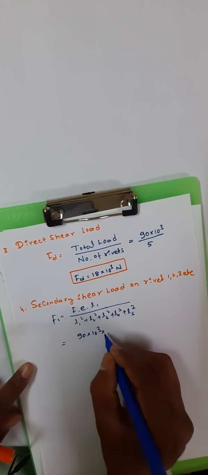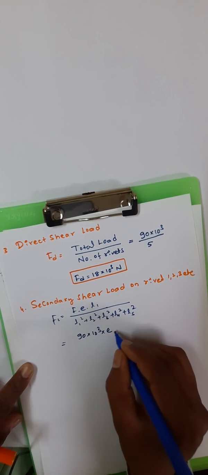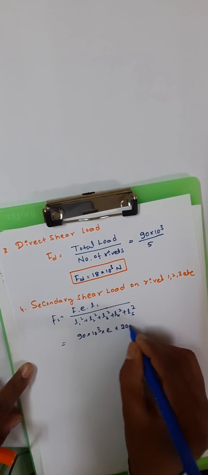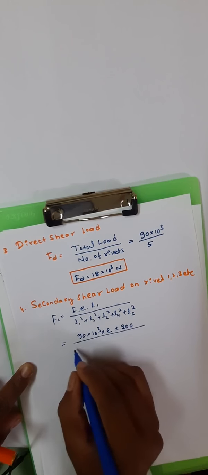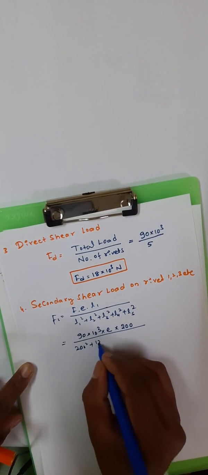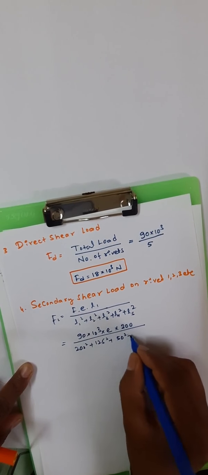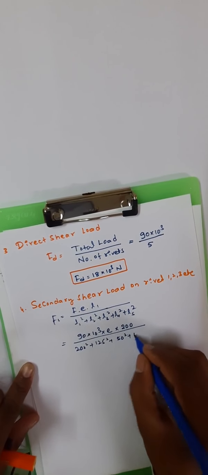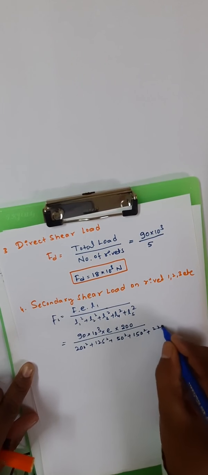here 90, the total load, 90 into 10 to the power 3, into E, which we don't know, into 200, that is L1, divided by 200 square plus 125 square plus 50 square plus 150 square plus 225 square.